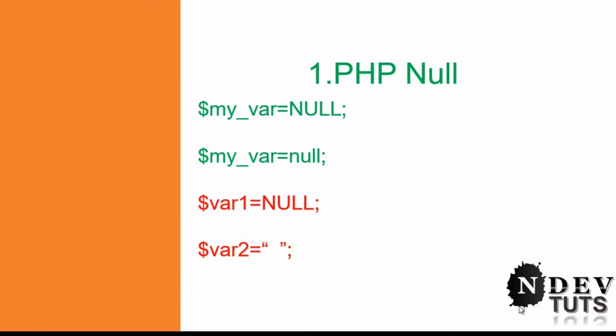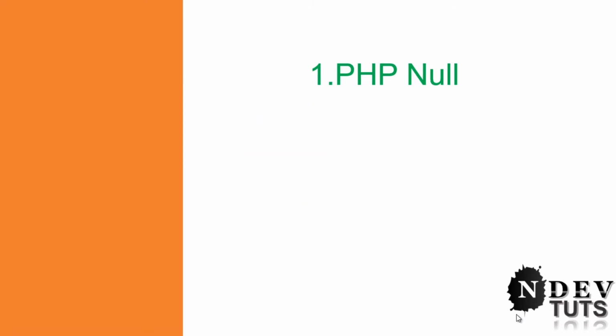The $var1 has a null value, while $var2 indicates no value assigned to it. A variable that has been assigned null has the following properties. First, it evaluates to false in a boolean context. Second, it returns false when tested with the isset function.